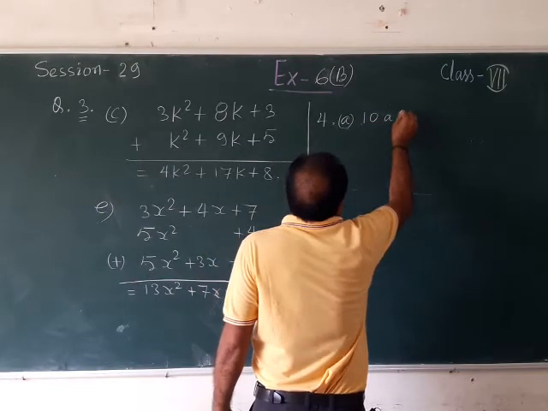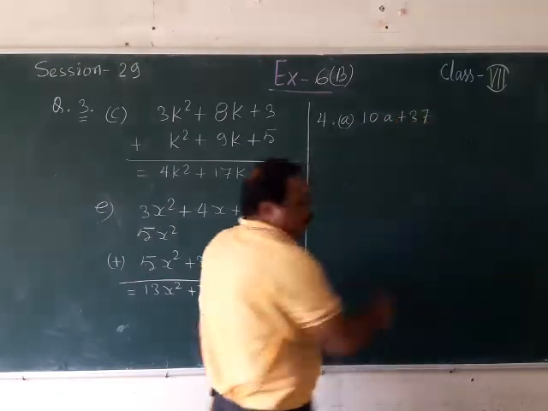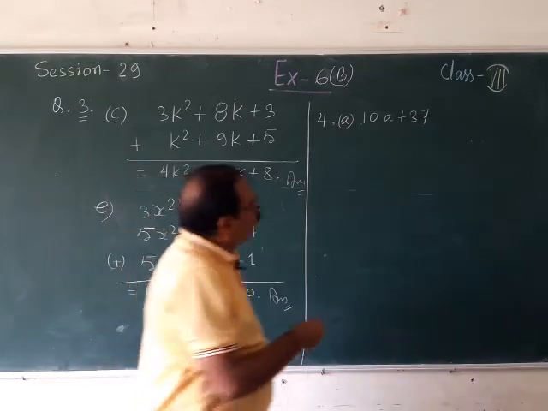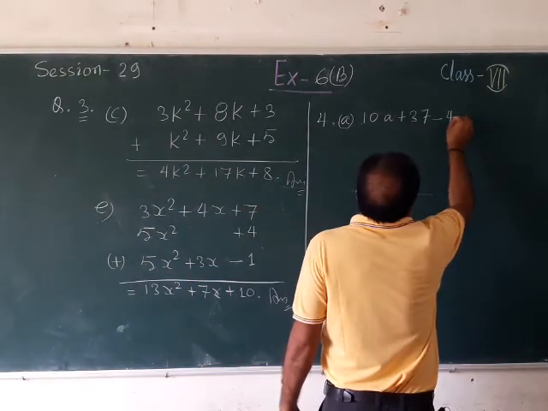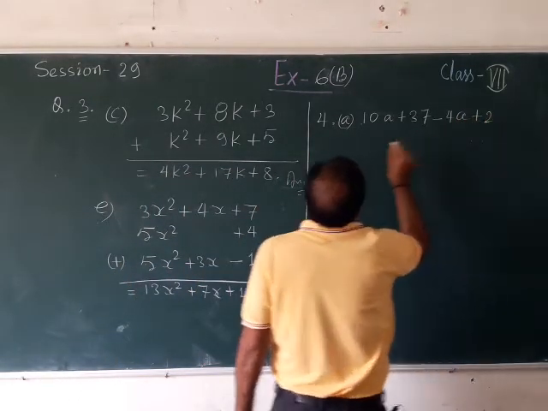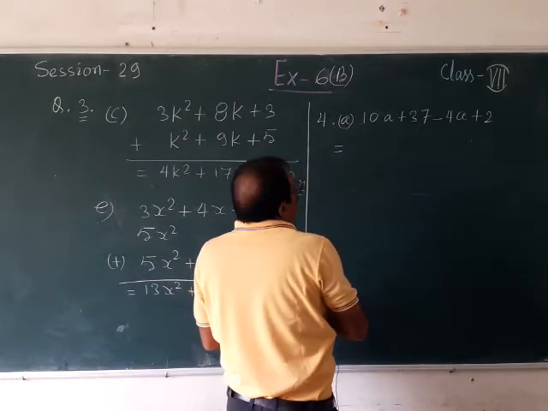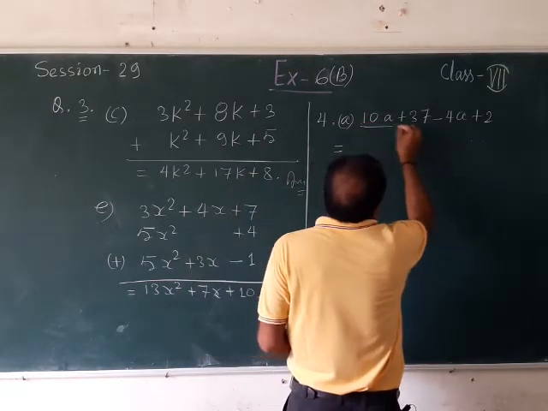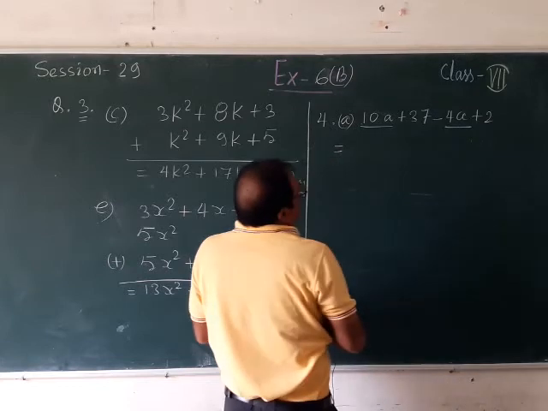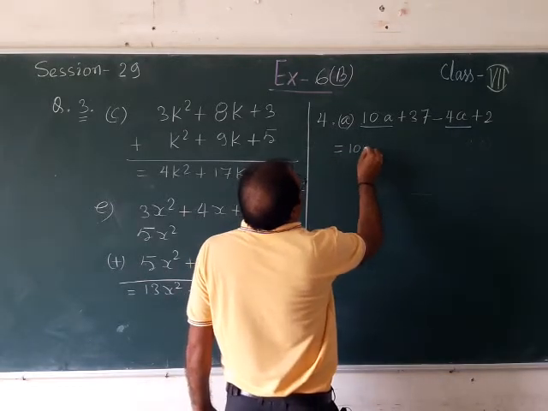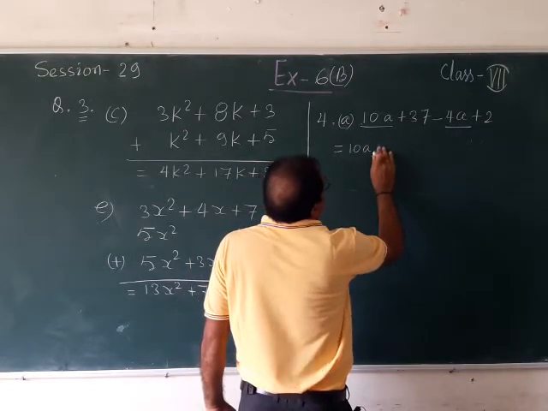This is 10a plus 37 and minus 4a plus 2. Here what to do? Like terms should be written together. Here 10a and 4a are both like terms, so you need to write 10a minus 4a.